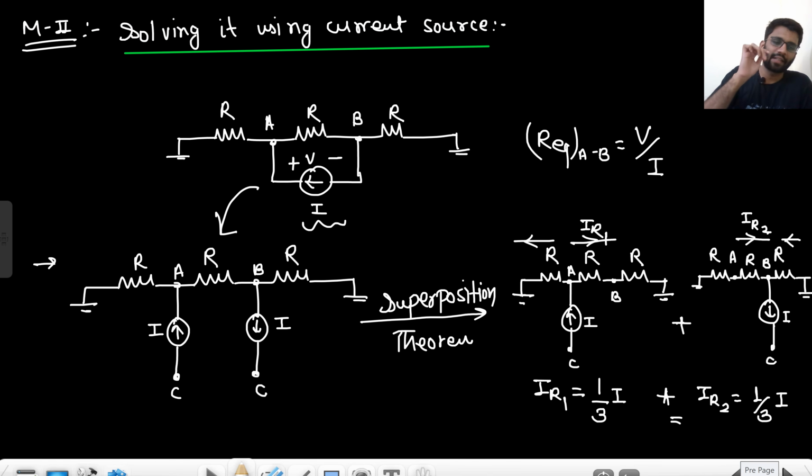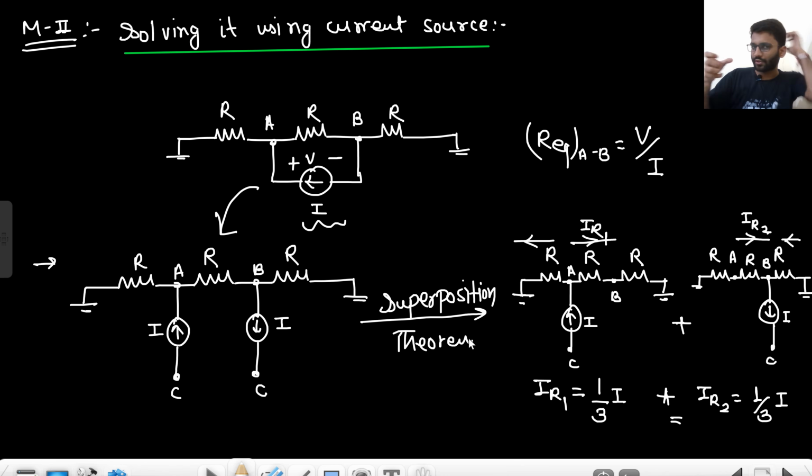Why am I trying to solve it with this complex method? You will realize it in the next slide. But just see this. What did I do? I broke down the current source into two, because I current is going into terminal A, and I current is getting out of terminal B. Then I applied superposition theorem.